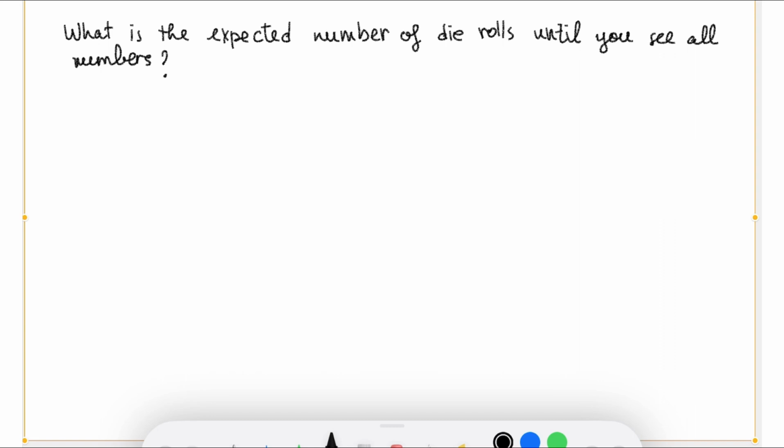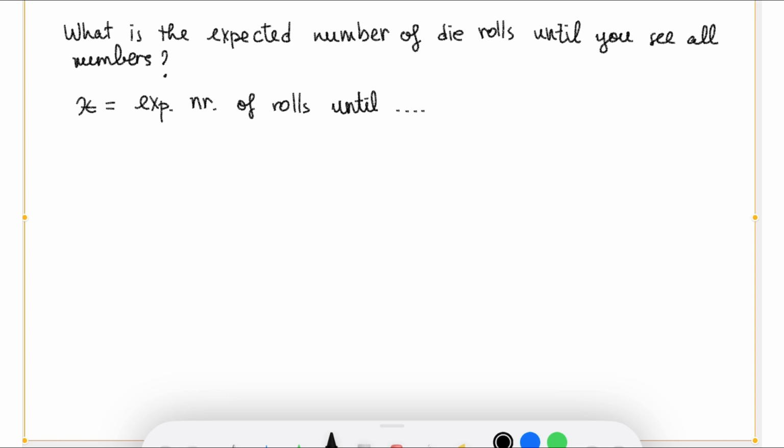So we start by denoting a variable x to be the expected number of rolls until you see all numbers. This is exactly what is asked in the question.